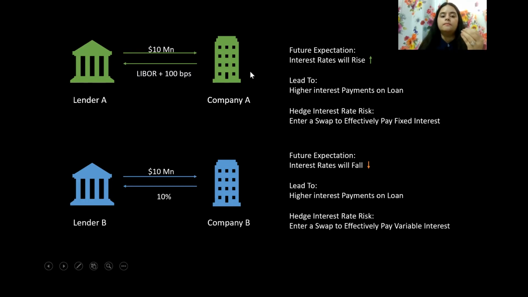So these two companies have different expectations.